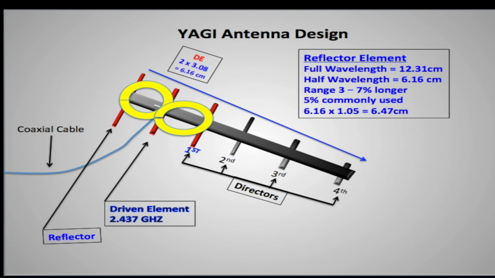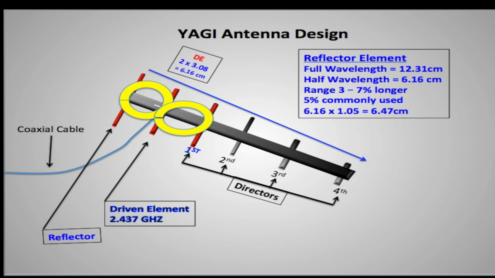When a high frequency travels through the driven element, it causes an electromagnetic field to be developed around the driven element. This electromagnetic field looks like a figure 8 when viewed from above. This pattern shows radiation going in both the forward and backward direction.